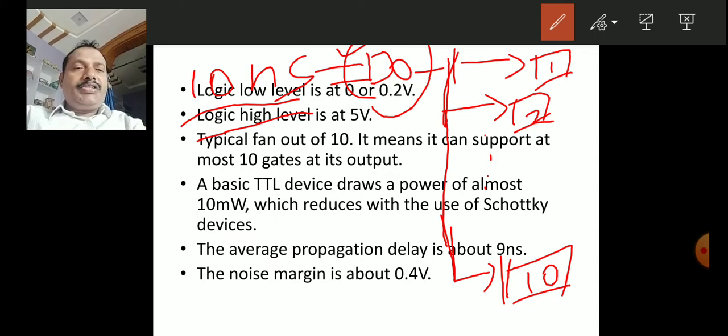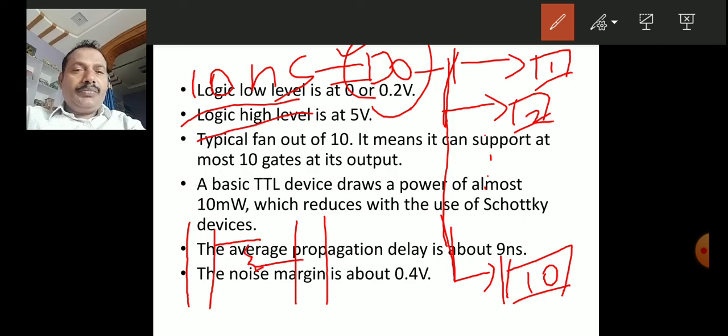And the noise margin, I told you that noise margin means, for example, you take these are the input levels, these are the output levels, and here this is the noise margin.